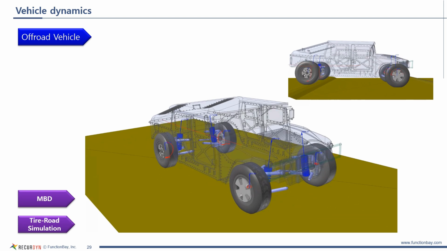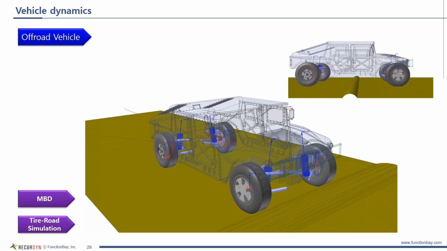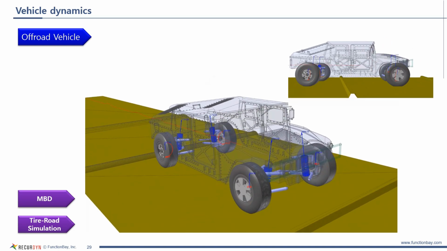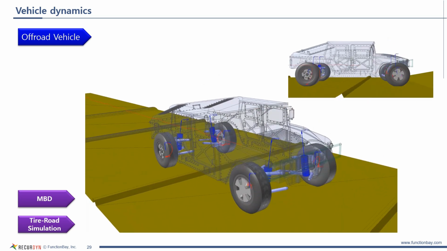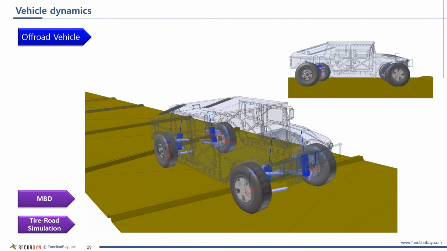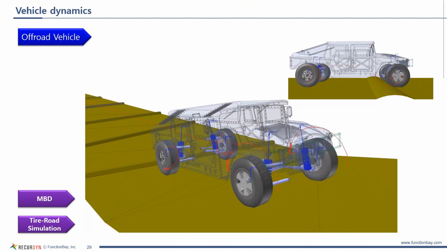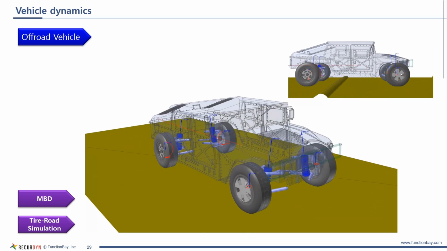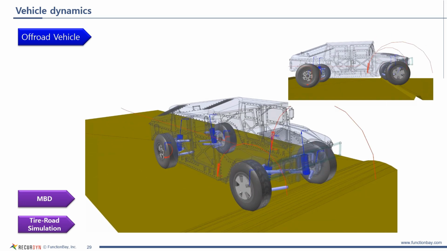Dynamic analysis for such vehicles focuses on defining these irregular surfaces and assessing how the tires interact with these challenging conditions. This allows you to evaluate the performance of the suspension systems designed for these vehicles and ensure they meet the operational requirements needed for battlefield conditions.